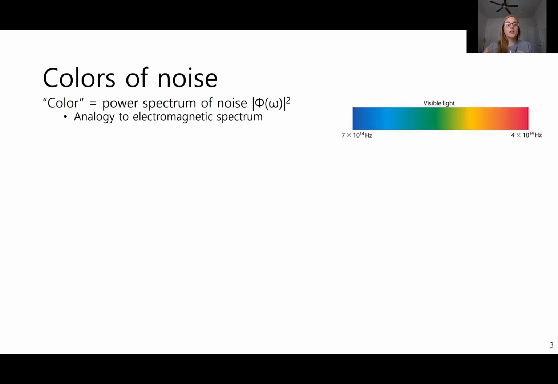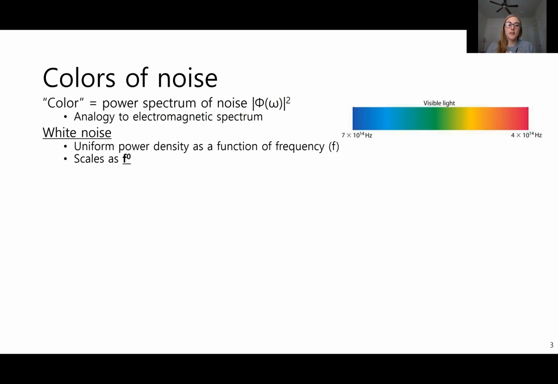So getting into the colors of noise, this just means what is the power spectrum of the noise in relation to the frequency. And the reason we describe it with a color is just an analogy to light. When we talked about white noise that you guys have been working with, it's called white because it has all frequencies, in the same way that white light has all of the colors of the visible spectrum present in it.